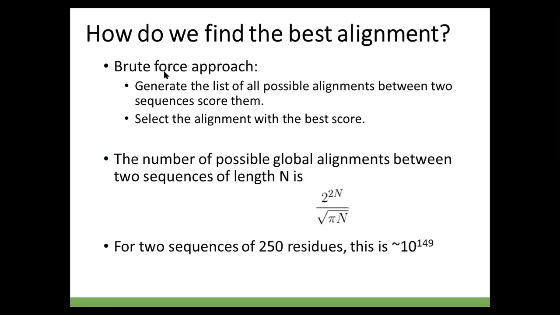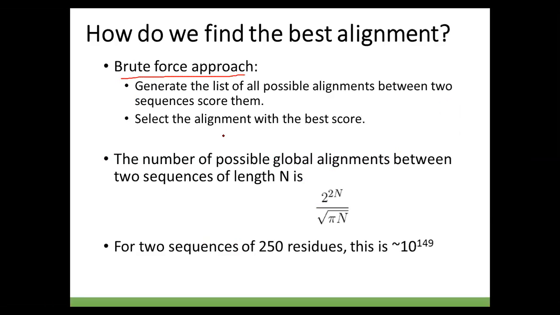That is called the brute force approach: generate the list of all possible alignments between two sequences, score them, and select the alignment with the best score.